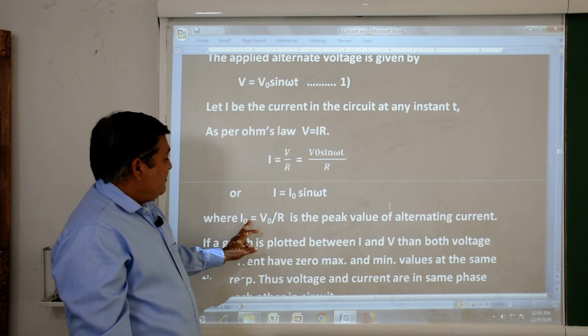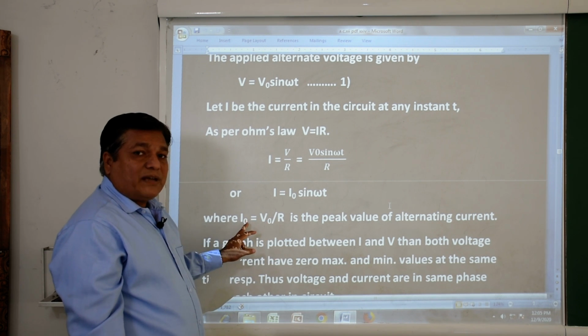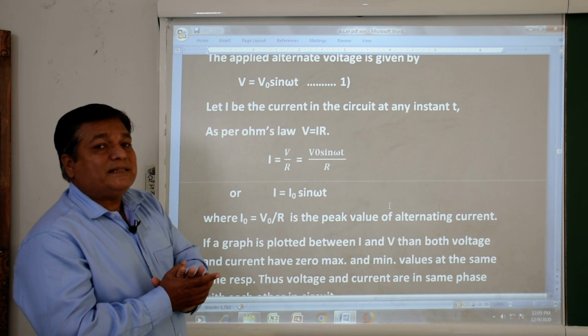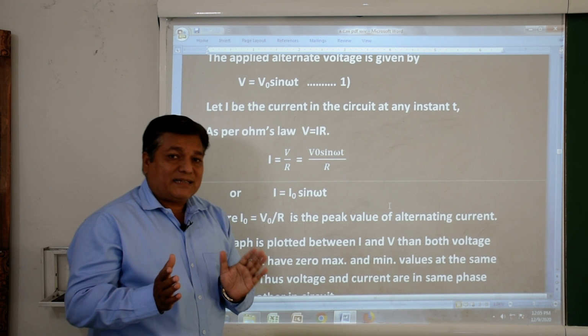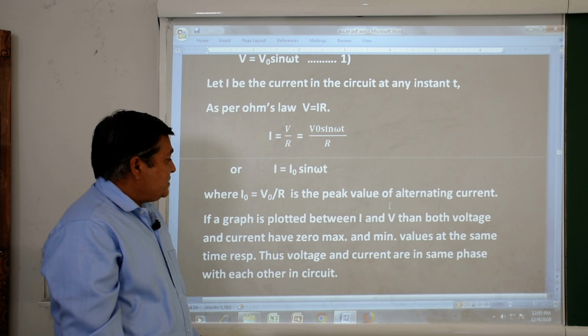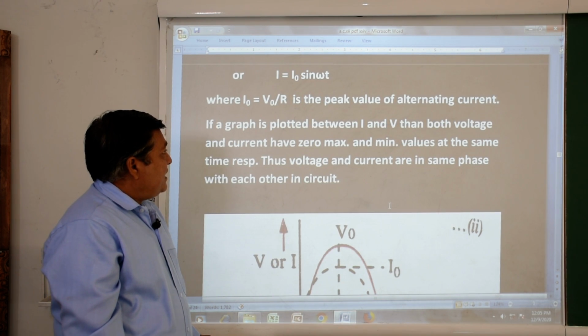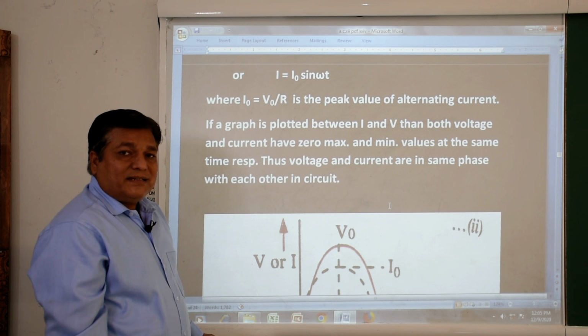So V naught upon I naught is equal to capital R. Capital R is the opposition created by resistance in the circuit, and we can call this type of circuit a resistive circuit.